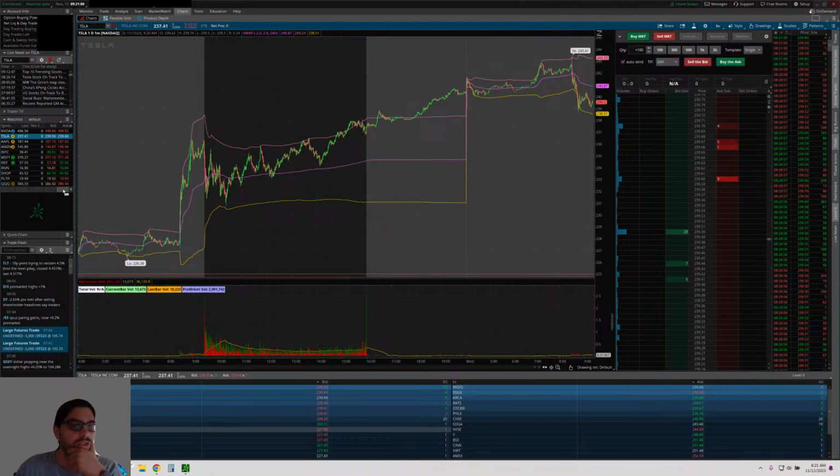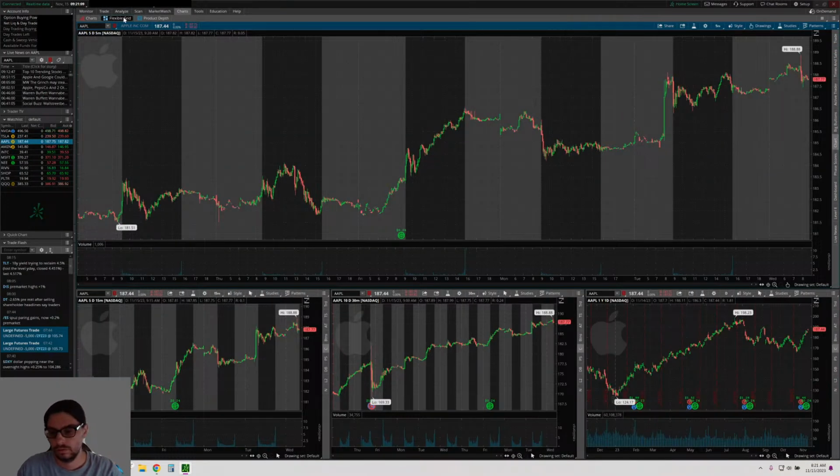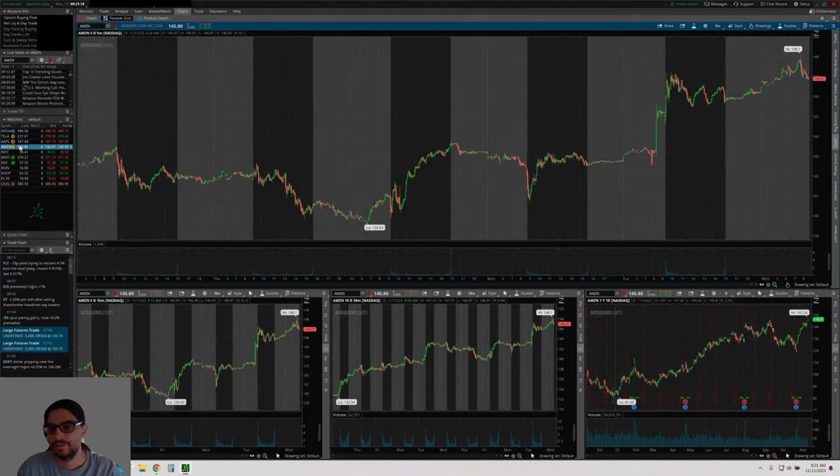We got a few minutes till the bell, about 10 minutes. That's not too bad. Let's take a look at Apple. Apple has been climbing fairly good, but yesterday it had a slight pullback. Same thing with Amazon.